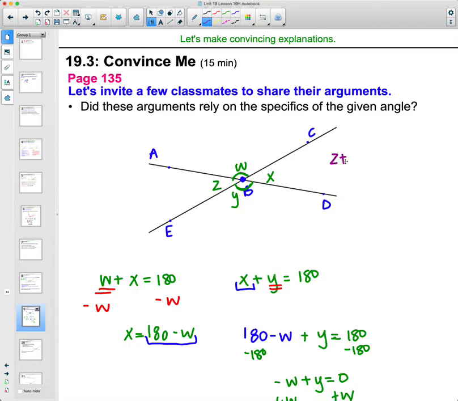So I'm going to do Z plus W equals 180, and then X plus W equals 180, so that we have both the Z and the X, one in each equation. Then you could do a very similar process here to show that Z and X are equal. So that would be the mathematical proof.